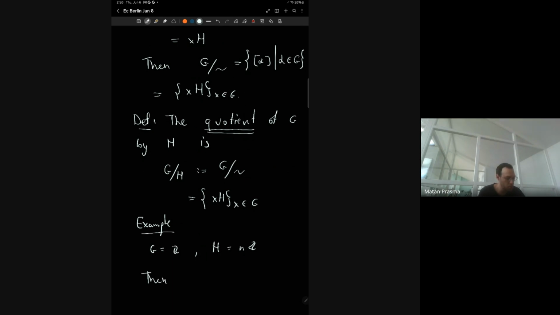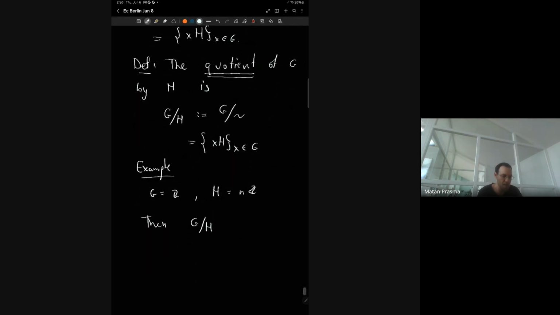Then G mod H is the collection of all cosets. So this is the coset of 0, the coset of 1, up to the coset of n minus 1.